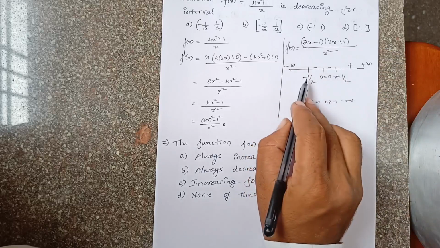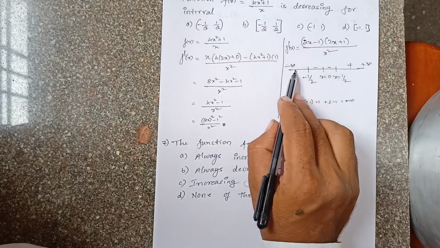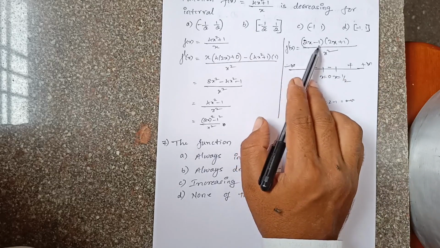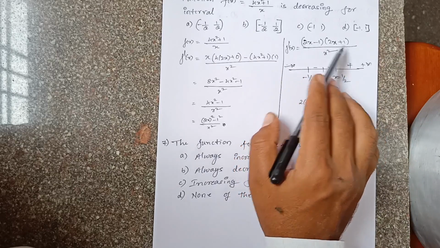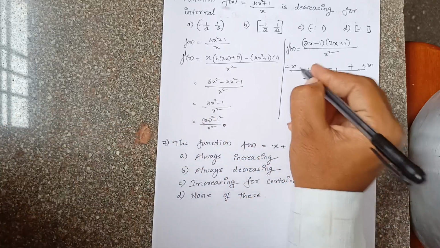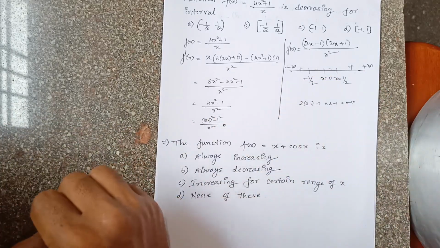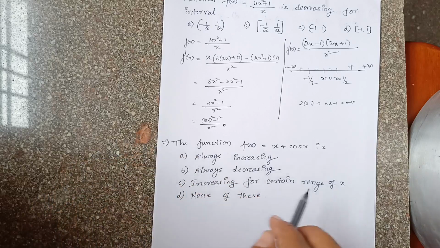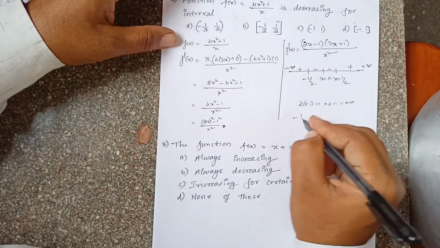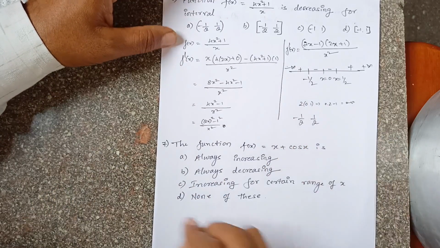And what about minus infinity to minus 1 by 2? Let us check the point minus 1 here. Minus 2 minus 1 is negative, minus 2 plus 1 is again negative. So negative into negative is positive. This interval again is positive only. So what is the interval in which the function is decreasing? The negatives you should consider: minus 1 by 2 to plus 1 by 2.